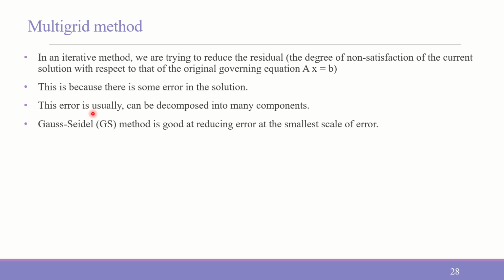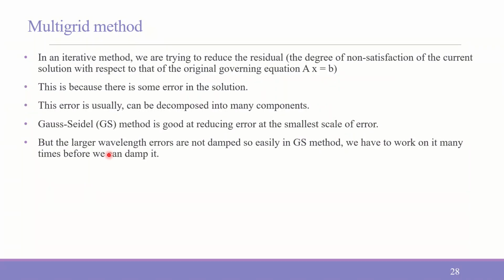Like fine grids, we can solve small wavelength errors, but they cannot damp the large wavelength errors. Similarly, the Gauss-Seidel method is good at reducing the error at the smallest scale, but the larger wavelength errors are not damped so easily. We have to work on it many times before we can damp it.